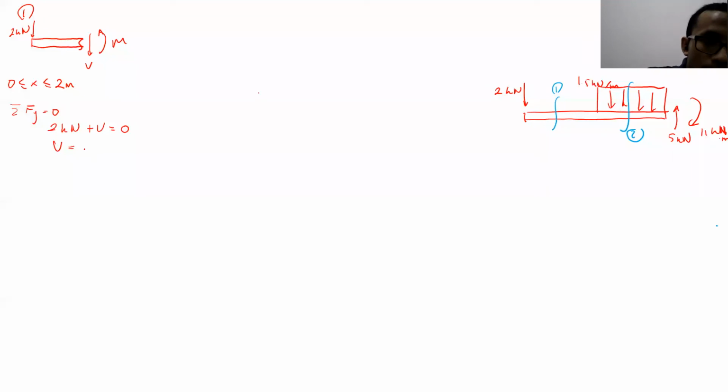So V equal to minus 2 kilonewton. Yeah, correct. Then using sigma moment on the left edge equal to 0.